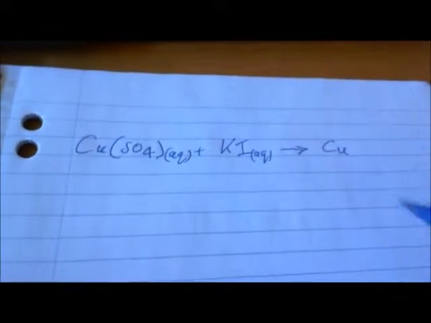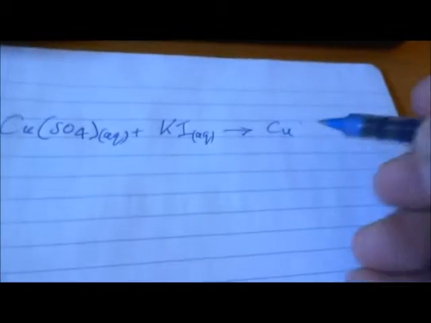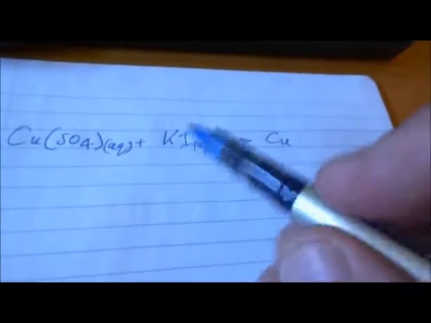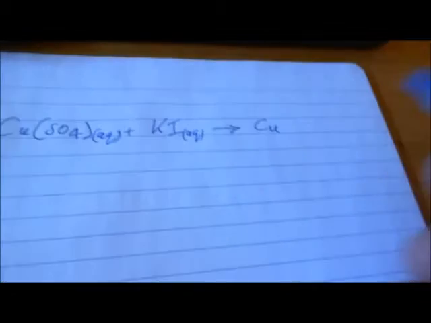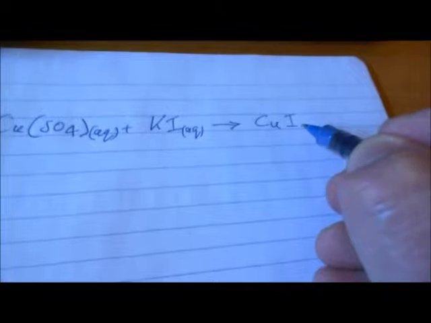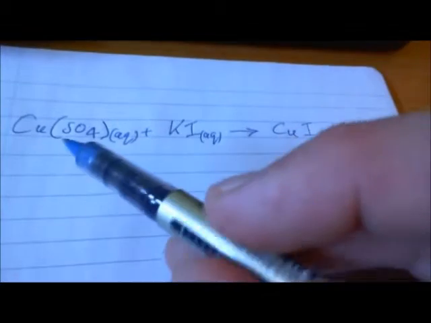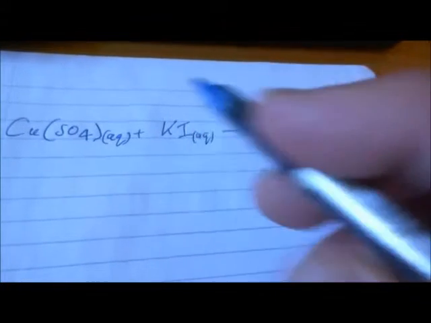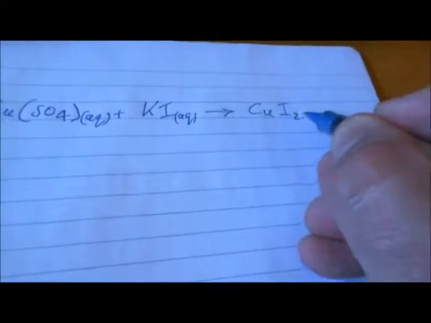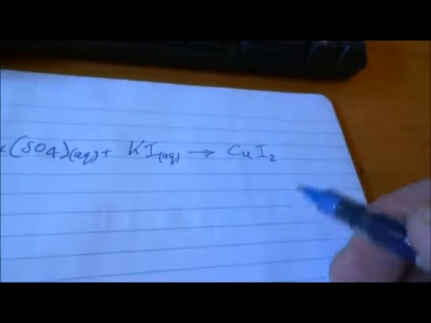Now, it would be reasonable to think that, if there was a displacement reaction, the copper would react with the iodine, so we'd produce copper and iodine. If the copper retained its 2 plus charge, which is reasonable to expect, the formula for the copper iodide would be CuI2: 2 plus, and the iodine is 2 times 1 minus.